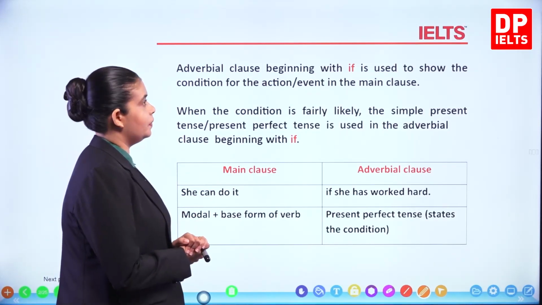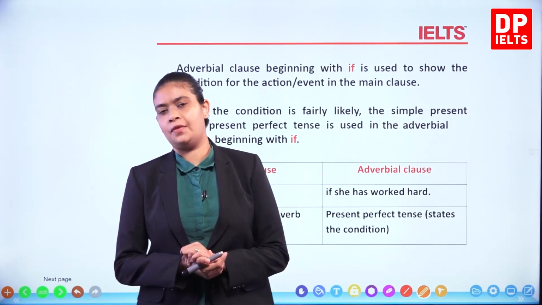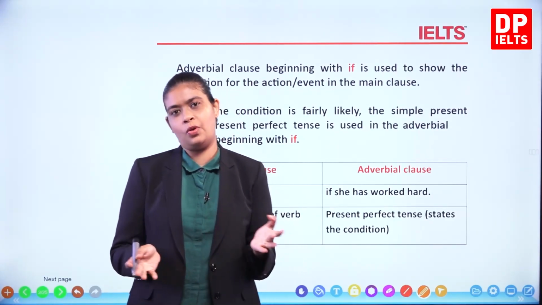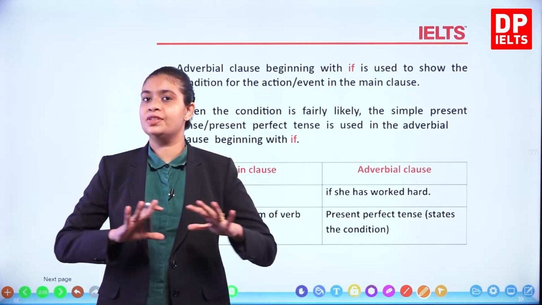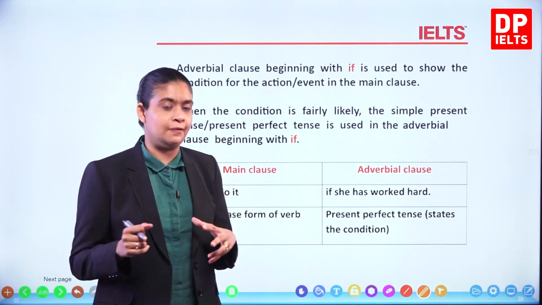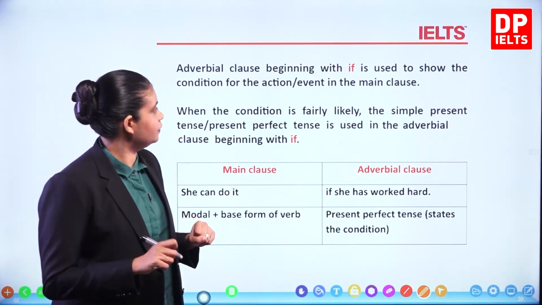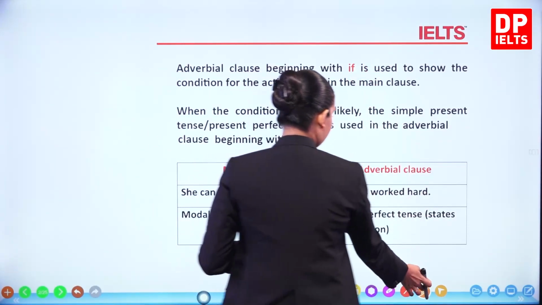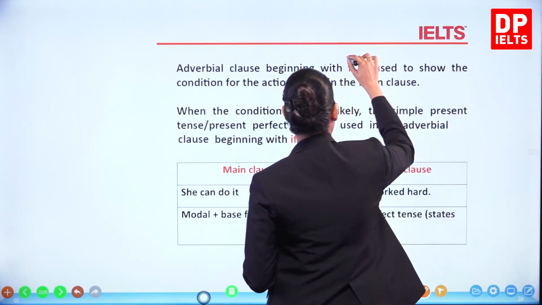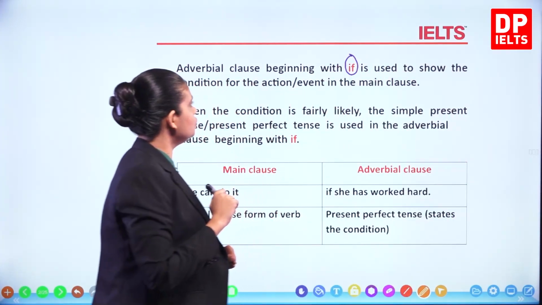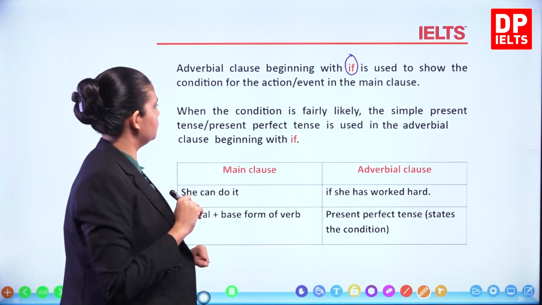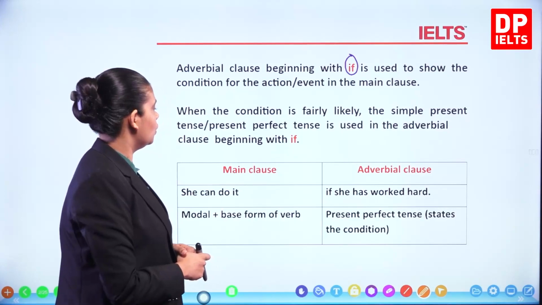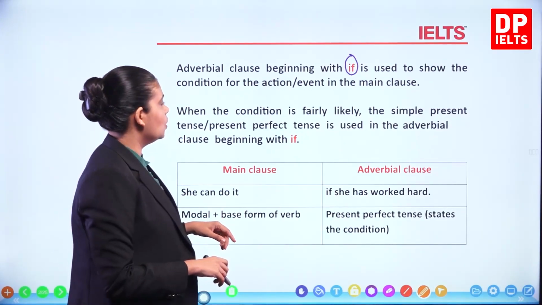Before, we were having a look at the other different adverbial clauses like since, because, though, even though, although, right? But this lesson is going to focus all about if. The adverbial clause beginning with if is used to show the condition for the action or the event in the main clause, right?